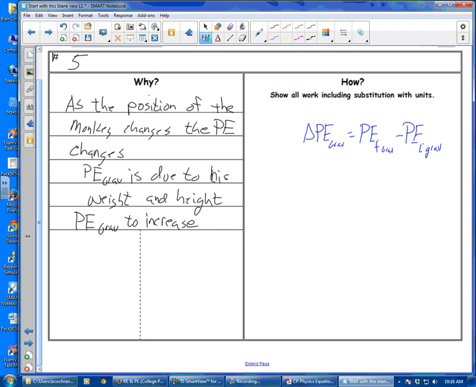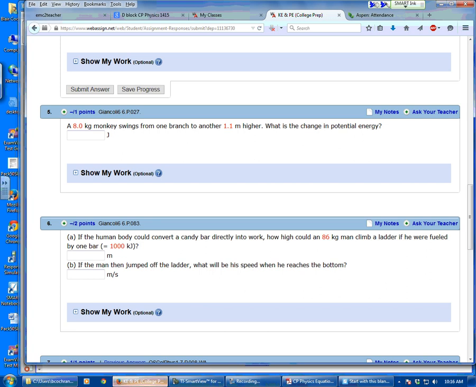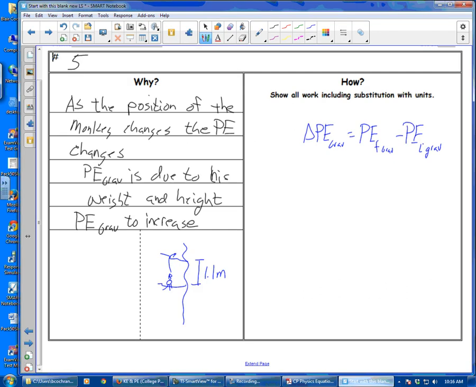So, let's see. What I'm picturing over here is we got this tree, we got a branch, and Mr. Monkey goes up here, and this for me is 1.1 meters. I think that's how far this is. So he jumps from the lower branch to the upper branch.